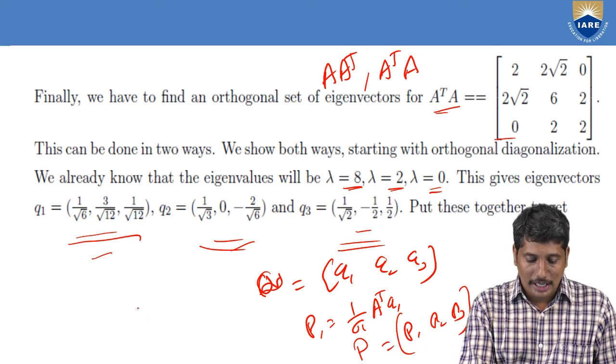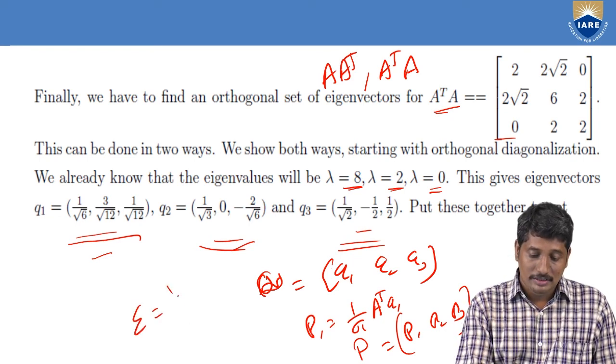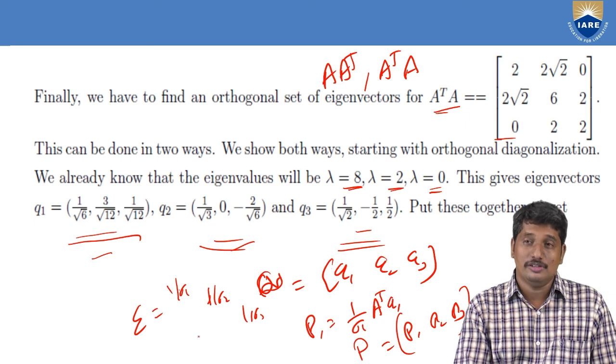And you can calculate the matrix sigma as 1 by sigma 1, 1 by sigma 2, 1 by sigma 3, and remaining all zeros.